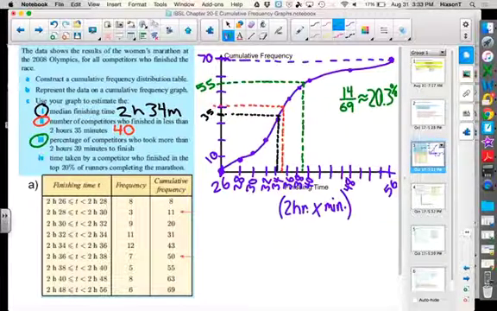Okay? And then finally, we can use this to approximate a time. Let's say we were doing multiple heats or something, okay? And only the top 20% were going to make the next heat, okay? Well, what's 20% of 69 people?